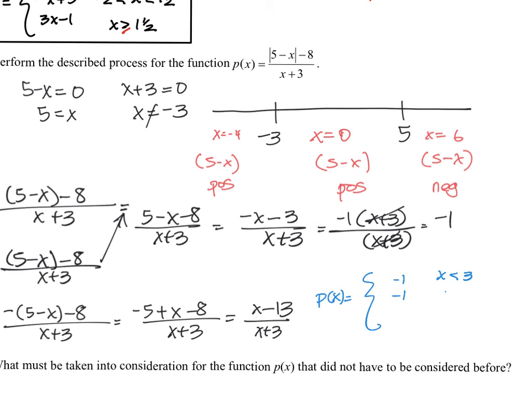Negative 1 if x is between 3 and 5. And then x minus 13 over x plus 3 for x is greater than, I'm going to put my or equal to on that one. Notice I can't put an or equal to on the 3 because actually that should say negative 3. Or does it? No. Yes, negative 3.